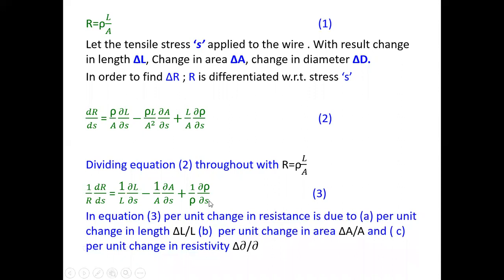From this equation 3, the unit change in resistance is due to the per unit change in length, delta L by L, the per unit change in area, delta A by A, and the per unit change in resistivity, delta rho by rho.